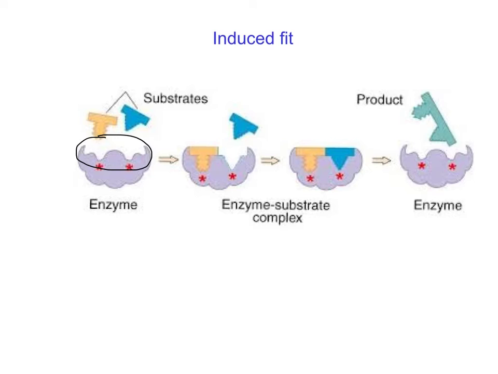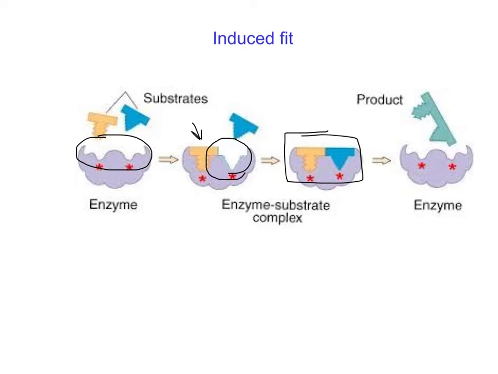It is roughly shaped the same as they are. And as the first substrate comes and binds to the enzyme, you'll notice there's a conformational change in the enzyme. The active site on this enzyme now looks a little bit different than it did initially. And so there's been a conformational change to the active site. And now these substrates do fit perfectly into that enzyme.